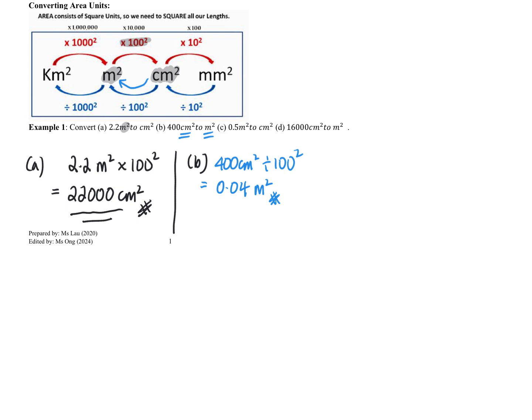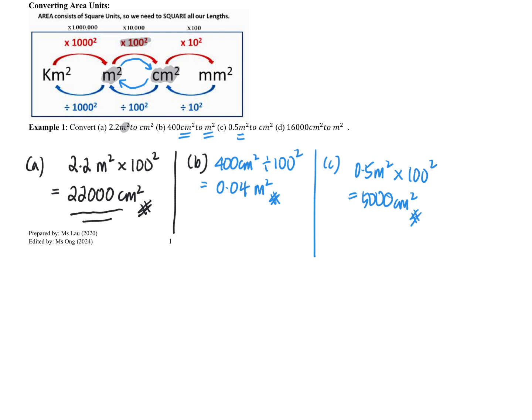Okay, I'm seeing 2 other students, but you can also be there. Okay? Level 3. Part C, level 3, you know why, right? Then next I want meter square changed to cm square. So it's this direction again, so we multiply. So 0.5 times 100 square, you will get 5,000 cm square.